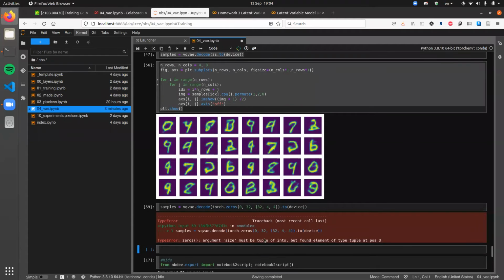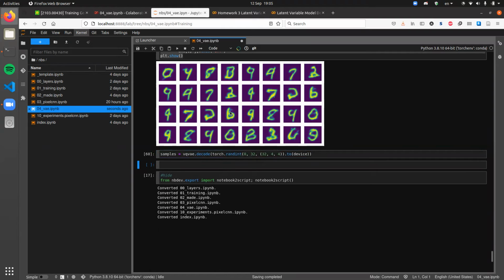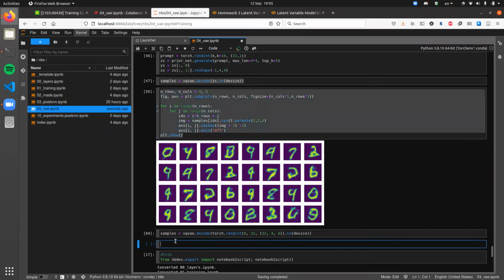No, it must be a tuple of ints. I cannot see what I'm doing wrong here. Oh, zeros. Sorry. Okay, now it's correct. And now we just show the decodings.